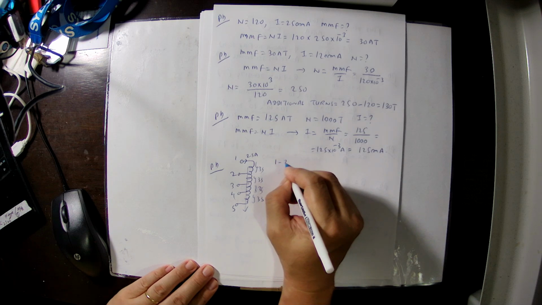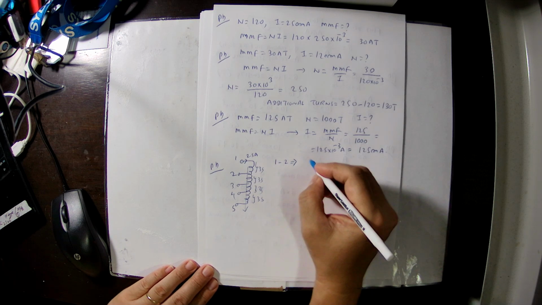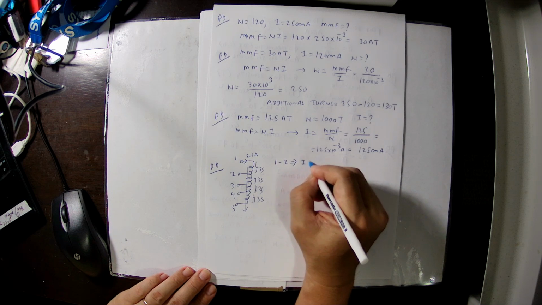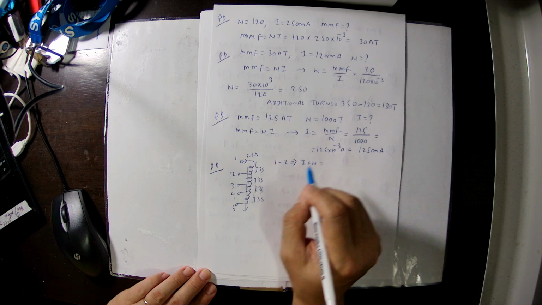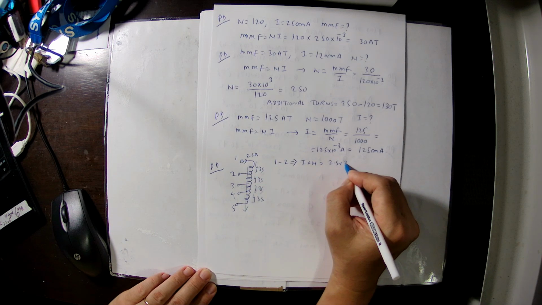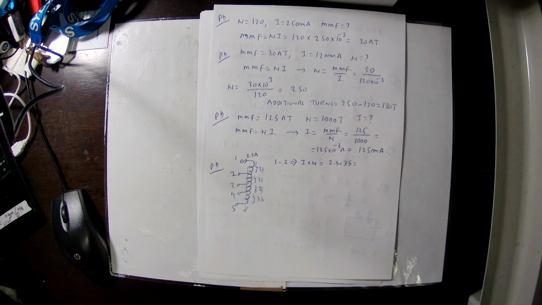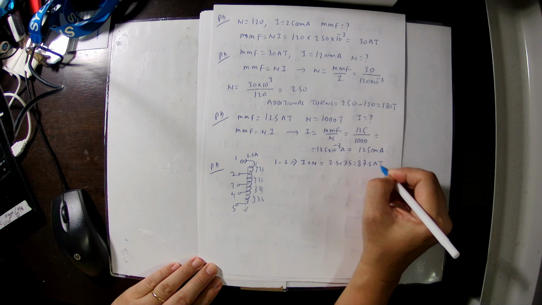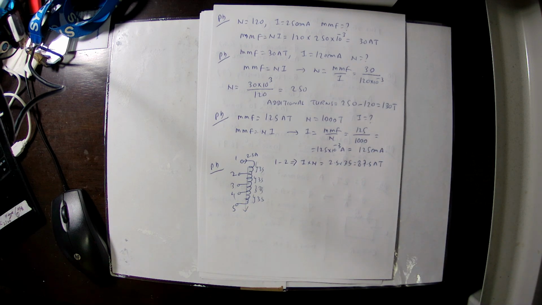With current 2.5, 1 to 2 is only 35 turns. So we get 87.5 ampere turn for 1 to 2.